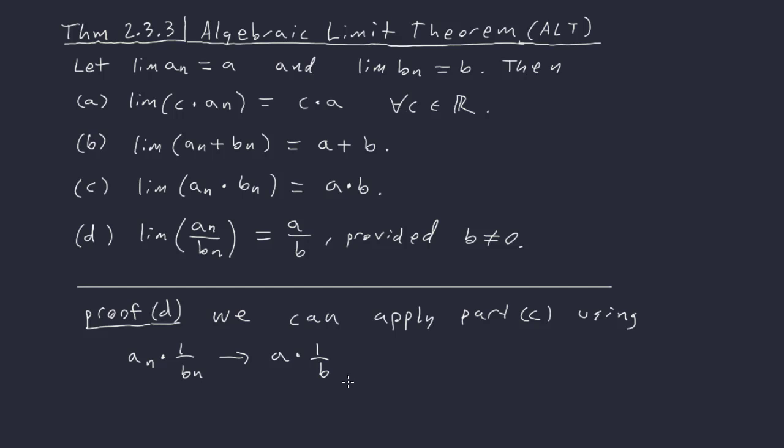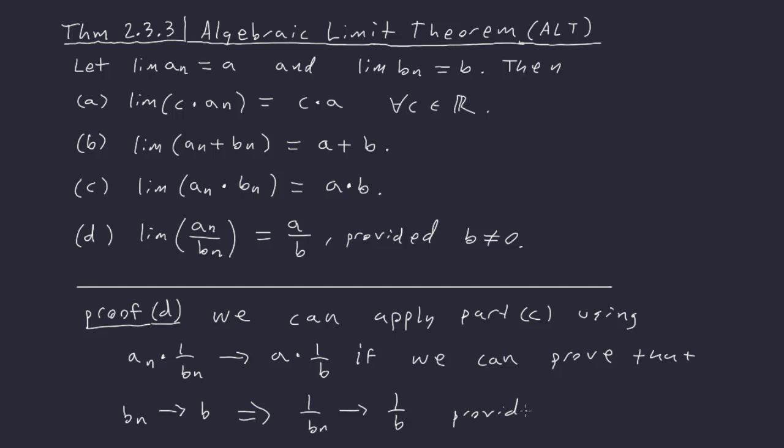However, there's one little thing, and we can use this if we can prove that Bn converges to B implies 1 over Bn converges to 1 over B, provided that B does not equal 0.